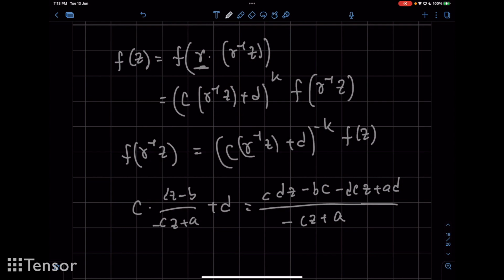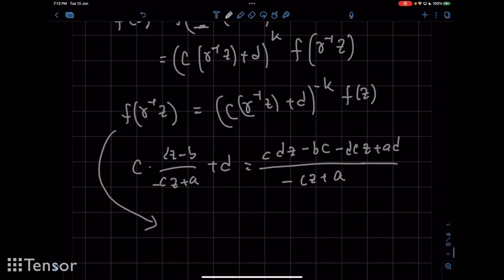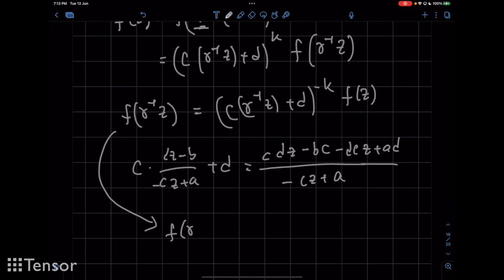So DCZ gets cancelled out and we get AD minus BC, which we know is 1. So that means F of gamma inverse Z is equal to minus CZ plus A to the power K F of Z.